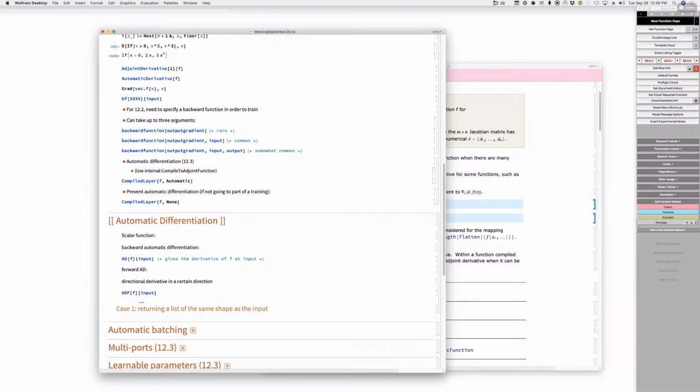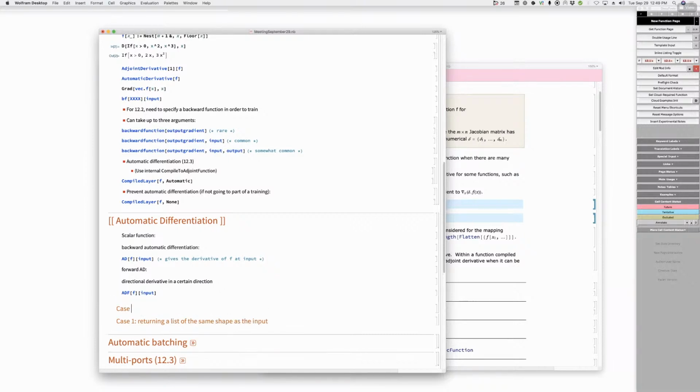And then case zero, which is the full Jacobian case, returns a list which is the outer product of input and output. Is that correct? Yes.